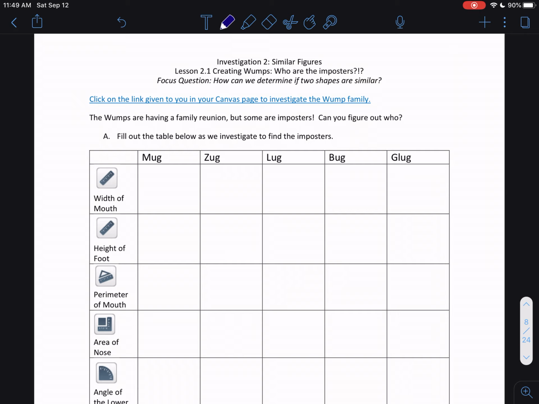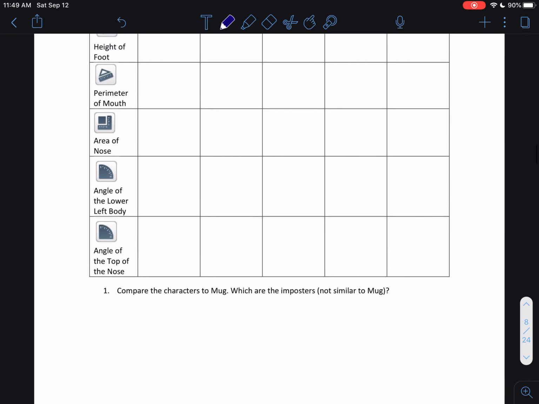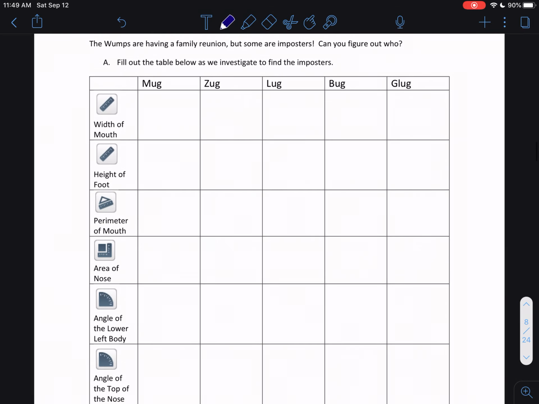Thank you, Mr. Fraser, for making those. So what you're going to do, you're going to be clicking on a link that's in your Canvas page, or if you're in Notability, it actually is linked right away. And you're going to fill out this table on page 6, all about mug, zug, lug, bug, and glug.